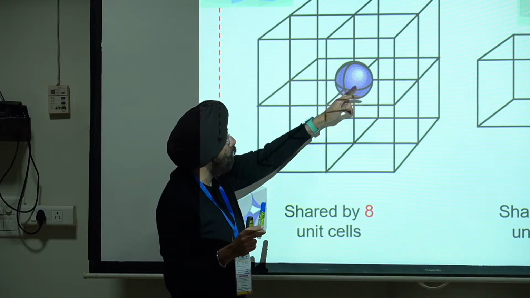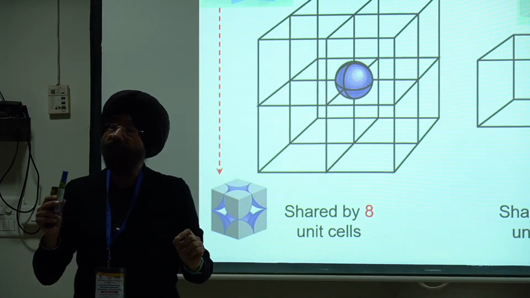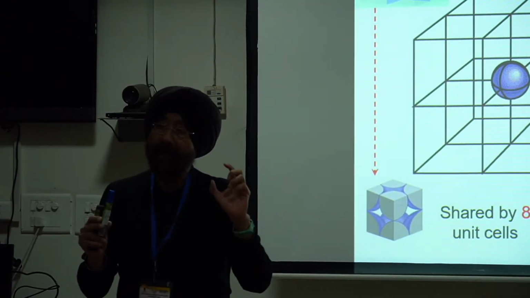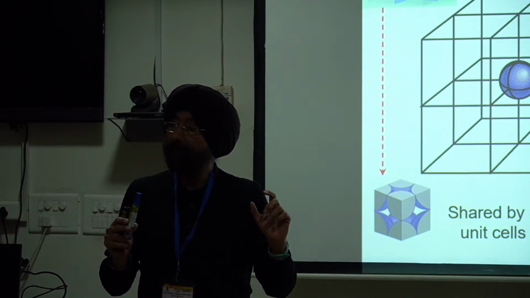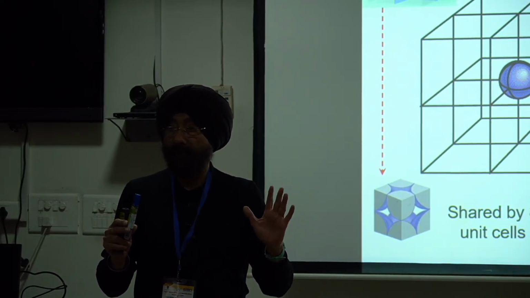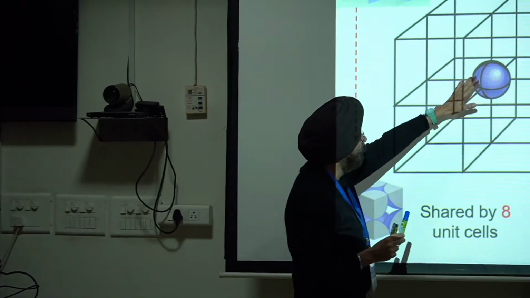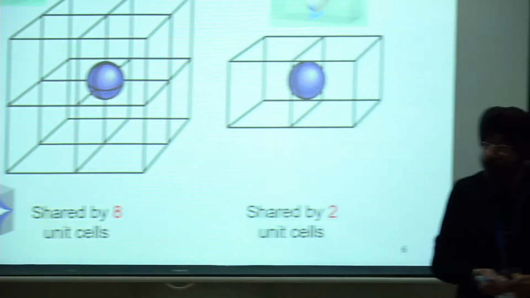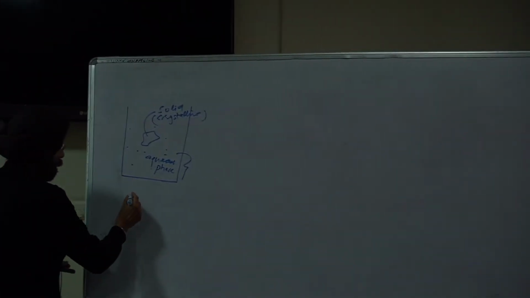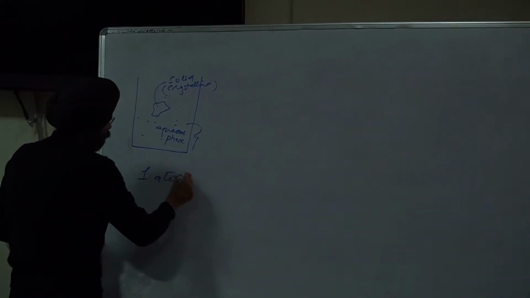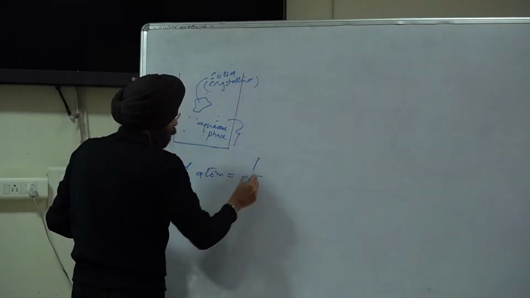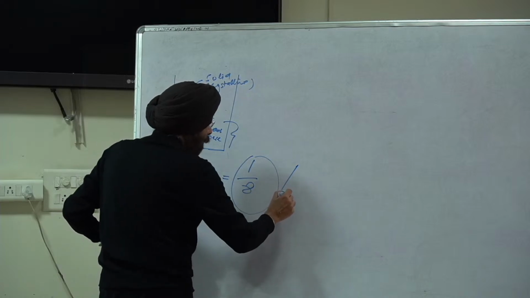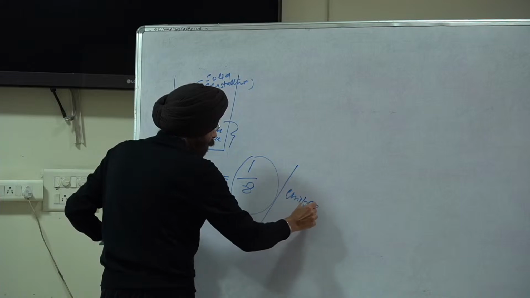So 8 cubes. This corner is in fact the common corner that is being occupied by an atom, and that atom has embedded some portion of its surface area in 8 cubes, and therefore it is shared by the 8 cubes. So when the area is shared by 8 cubes, the surface area of 1/8 is included in one unit cell.